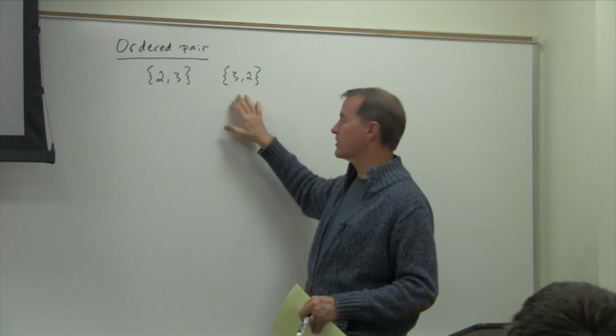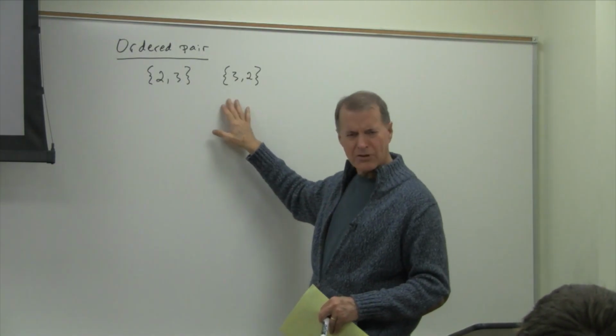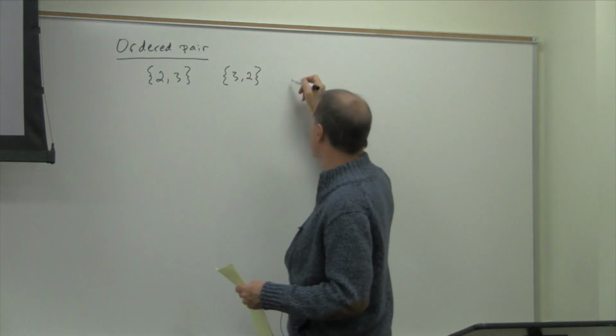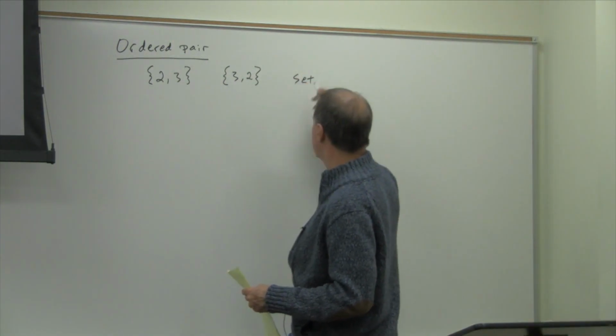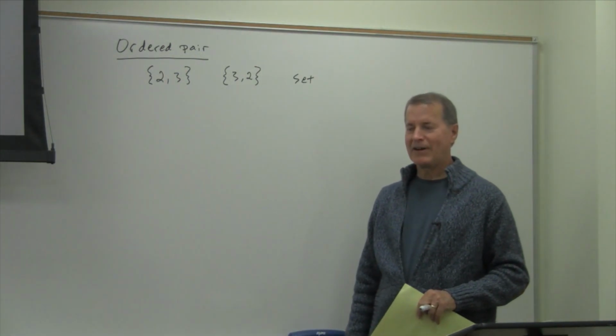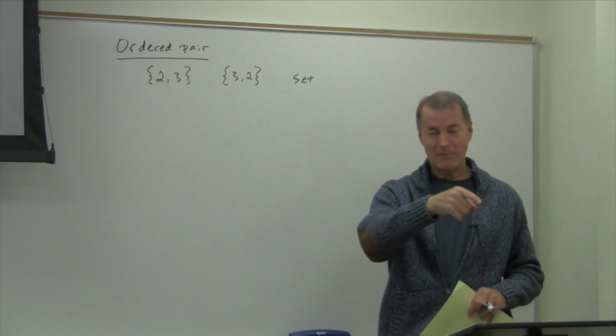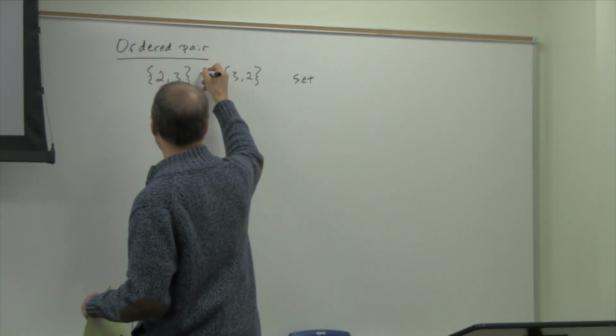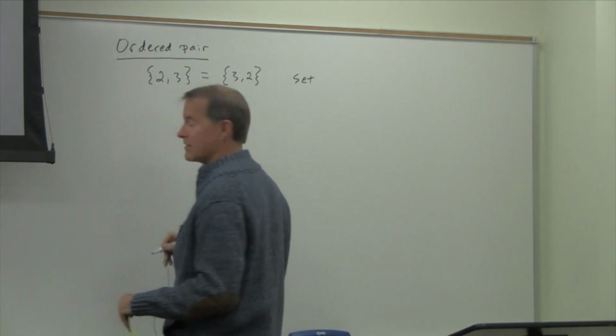Here I have a set 3, 2. This is curly braces, a set. They have the same elements, and you're saying they are equal. Okay? So this set equals this set.